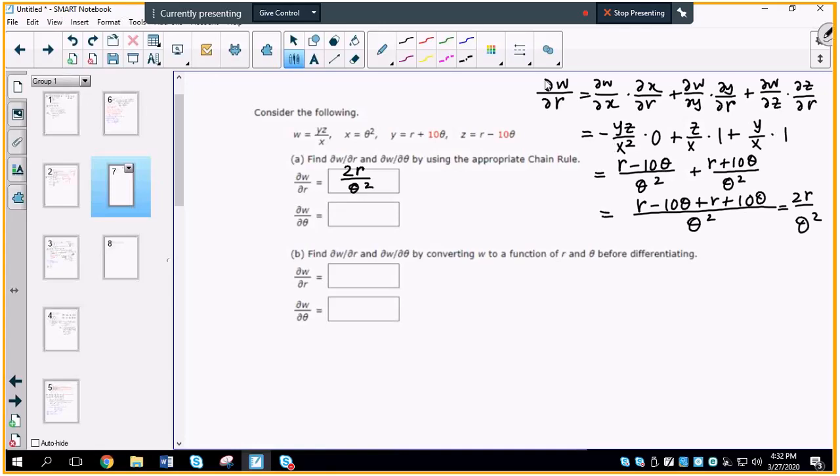Then I'm going to find out del w del theta. So del w del theta is similar. It will have similarity in del w del x, except this time you will multiply by del x del theta. Again, similarity in del w del y, but multiply by del y del theta plus del w del z times del z del theta. So our derivatives are going to be a little different.